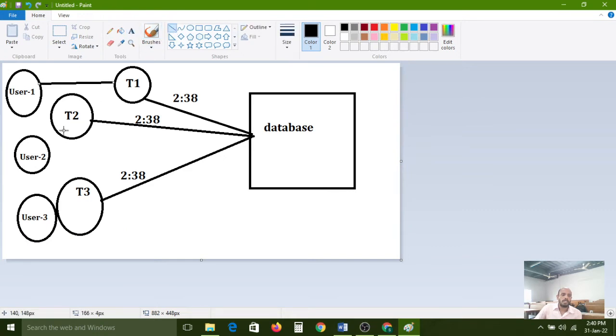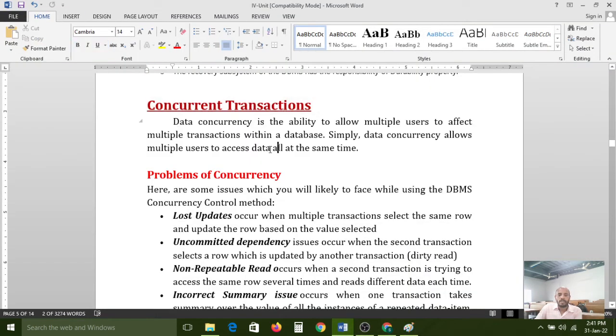User 1 is doing one transaction called T1, accessing the same database. User 2 uses the T2 transaction, accessing the same database. User 3 uses transaction 3, accessing the same database within the same time, 2:38. Got it? These transactions T1, T2, T3 are called concurrent transactions because they access the same data at the same time. That is the meaning of concurrent transactions.